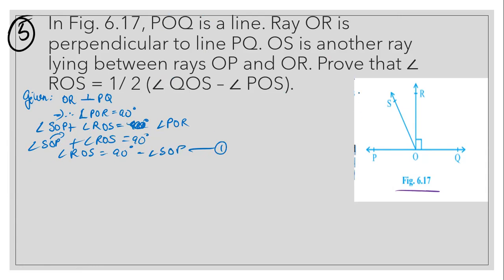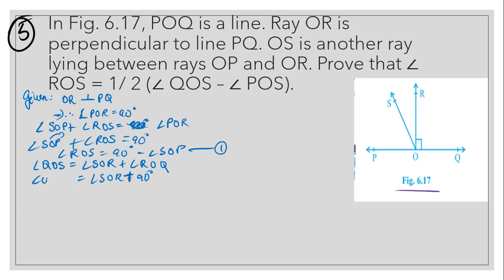Now coming to this side, QOS. Okay, so we found out equation number 1: angle ROS is equal to 90 degrees minus angle SOP. Now looking at angle QOS, can I say that angle QOS is equal to angle SOR plus angle ROQ? Can I say that? Yeah. So what is angle ROQ actually? 90 degrees, correct?